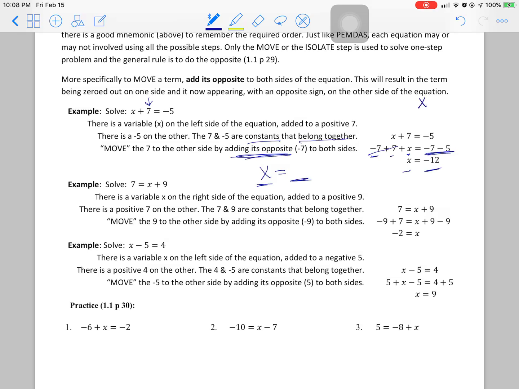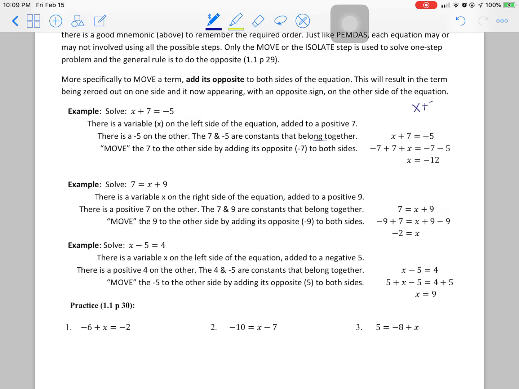The vertical way, some people prefer vertical. I prefer vertical. You'll see me do it vertical on the board. This is getting rid of the 7. So we want to subtract 7 from both sides. I like to do it this way because this makes a 0, right? x plus 0. We don't have to actually write the 0 in.